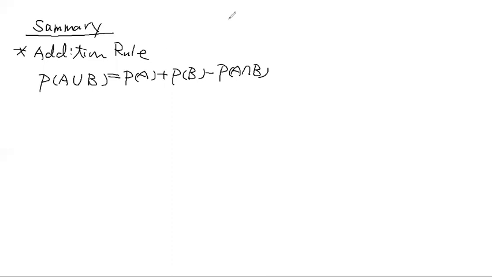So when do you know to use the addition rule? The keyword is "or." If you see a problem that says A or B, it's very possible you use the addition rule, right? Be very careful. In word problems, they're not going to tell you, hey, use the addition rule or the multiplication rule. They're not going to tell you that.